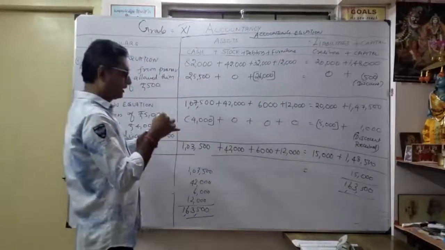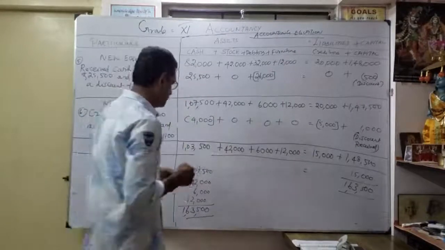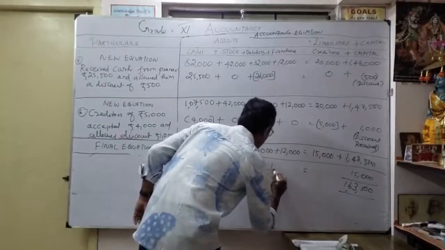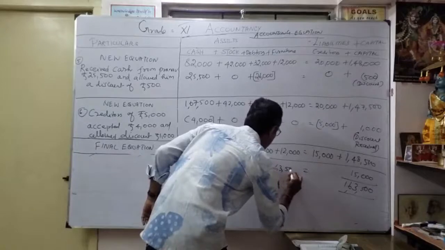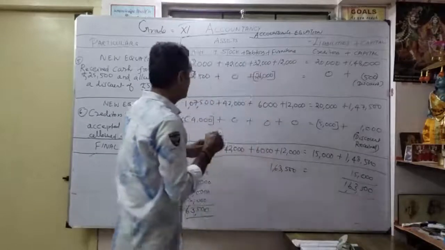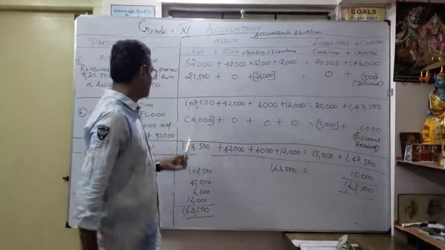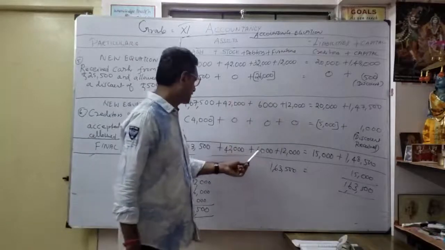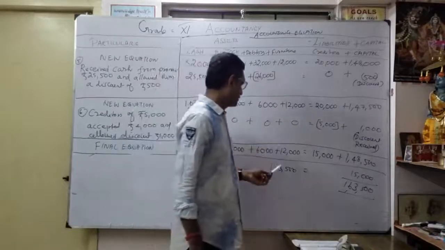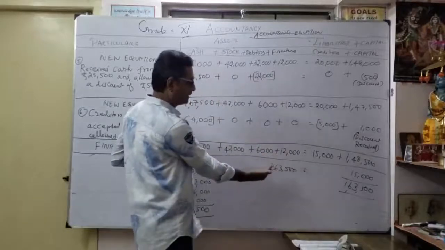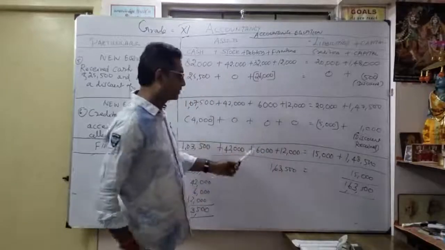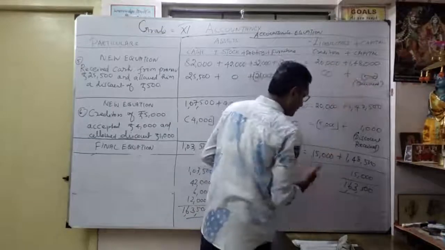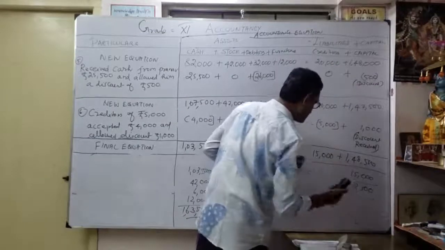So whenever my assets equal how much now? 1 lakh, see how you are going to write it? 1,63,500. My assets, all four: my cash is 1,03,500, my stock becomes 42,000, my debtors 6,000, my furniture 12,000. Together all my assets are how much? 1,63,500. See, my creditors plus capital total how much? The same, 1,63,500.